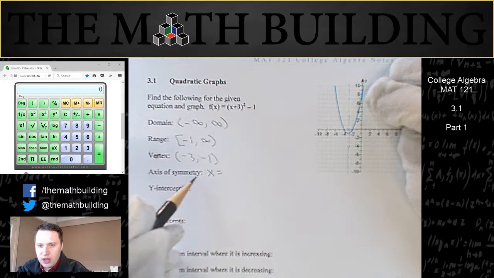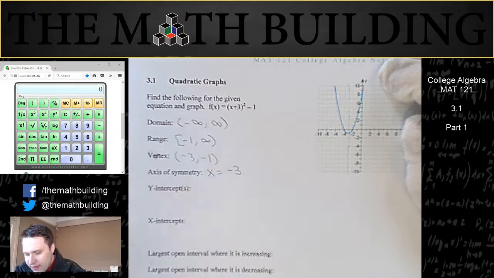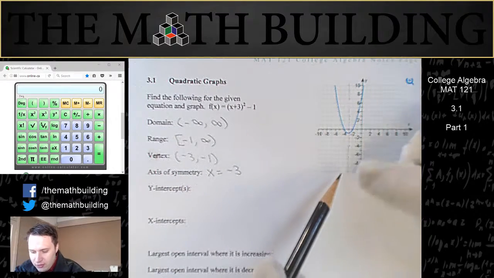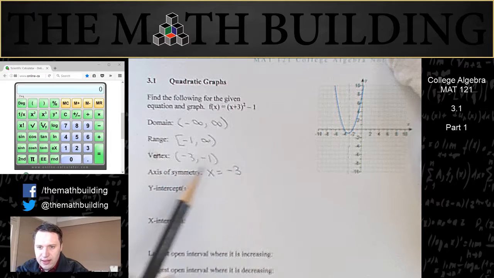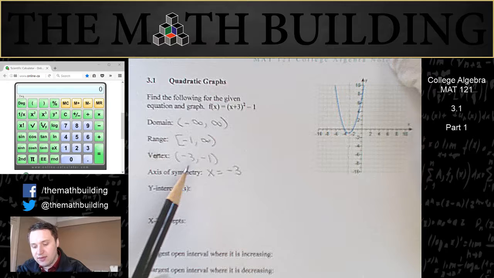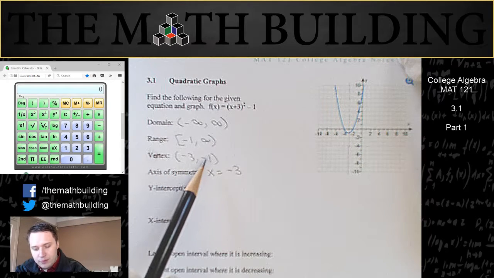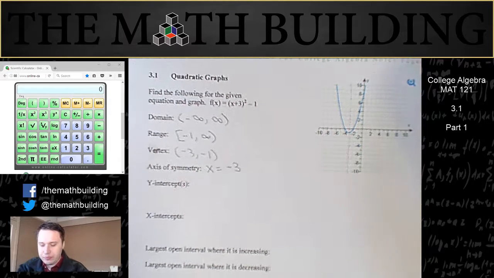And since it's a vertical line, the equation is going to be x equals -3. That's the equation of this line right here. You'll notice, by the way, that -3 is the x component of our vertex, and that's always going to be the case. So the range is regarding this y value on the vertex, and the axis of symmetry is going to be using the x value.